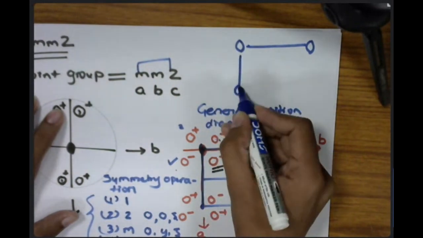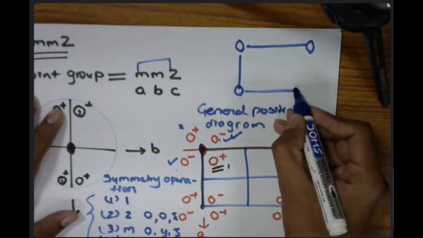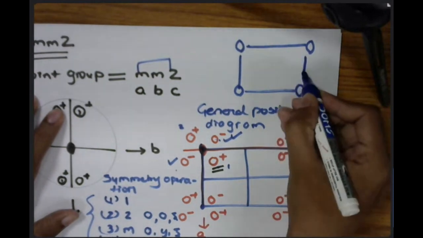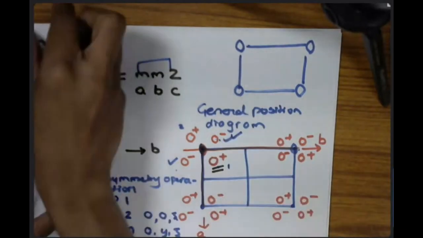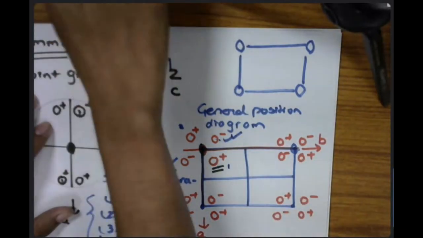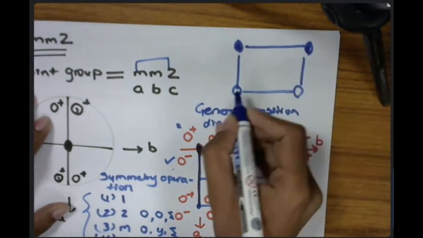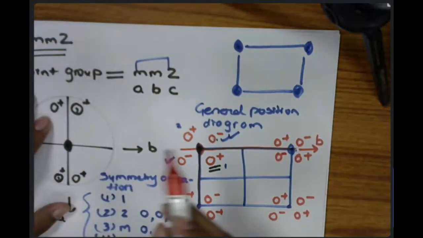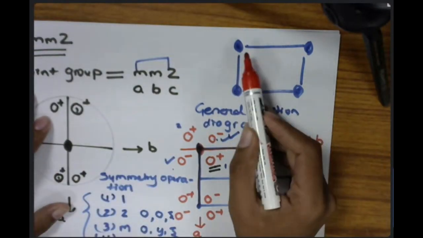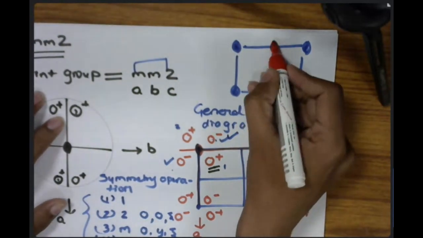Again, twofold is there. Again, there is a mirror. There is a twofold, and again there is a mirror. Now, what we know. Okay, let's fill it up. The combination of these twofolds with the translation, the interaction of the twofold with the translation, will produce the twofold at the middle also.